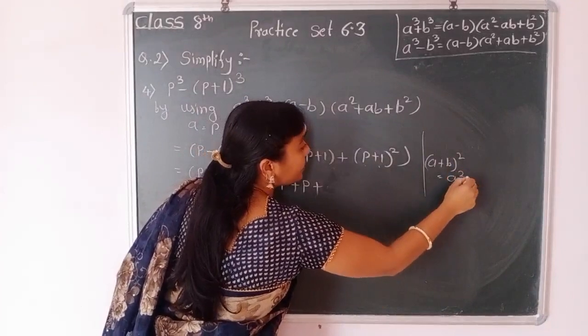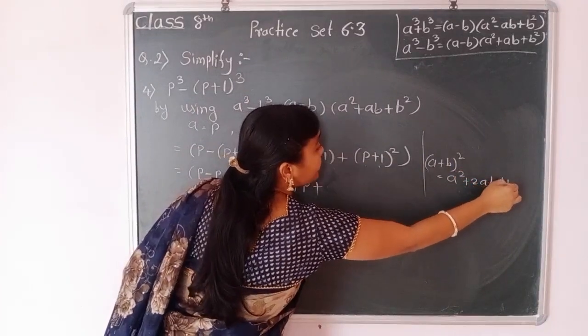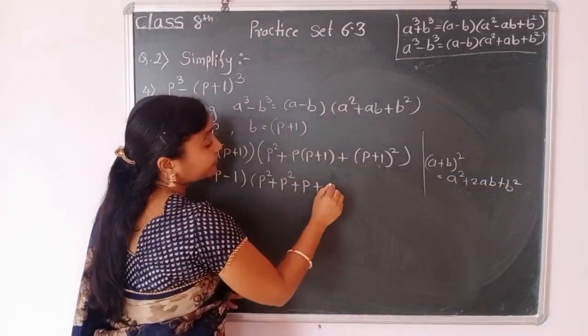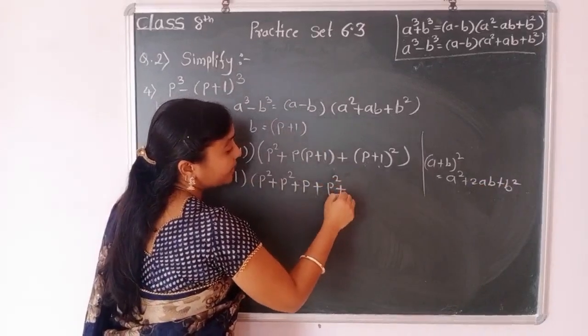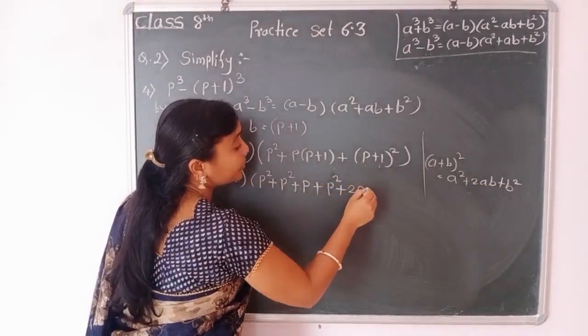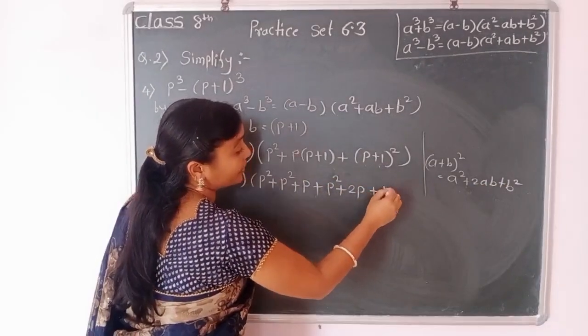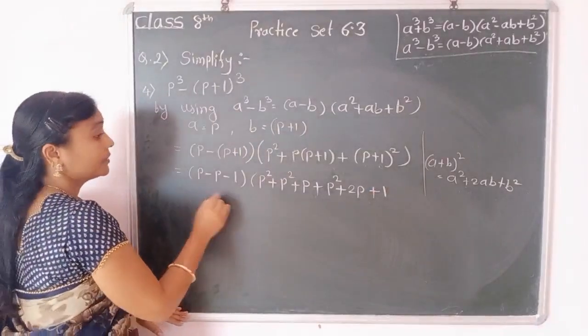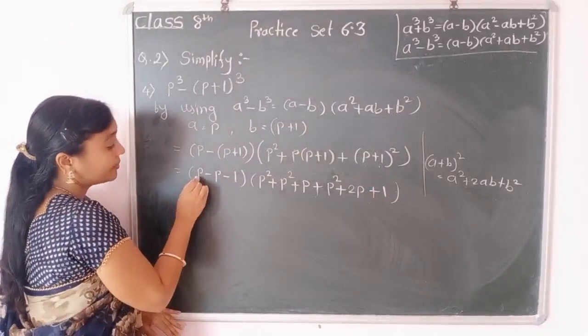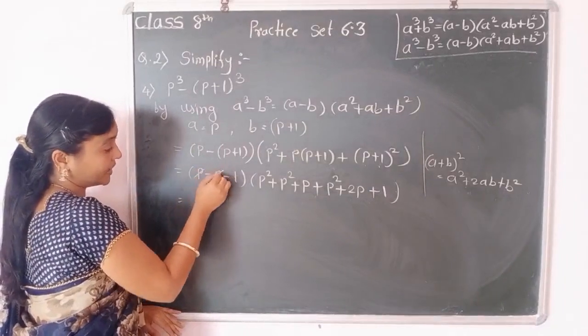A square plus twice ab plus b square. P square plus 2 into p into 1 means 2p plus 1 square means 1. And then p minus p, 0, cancel.